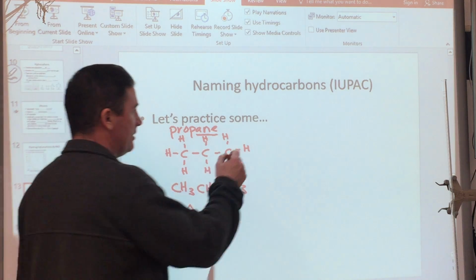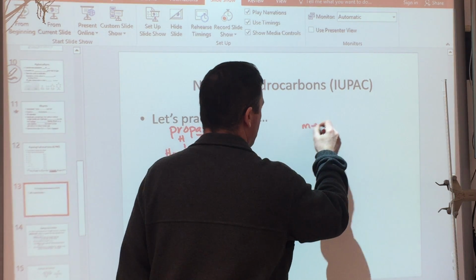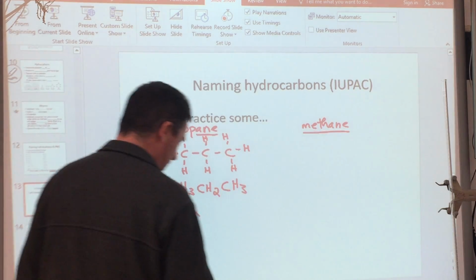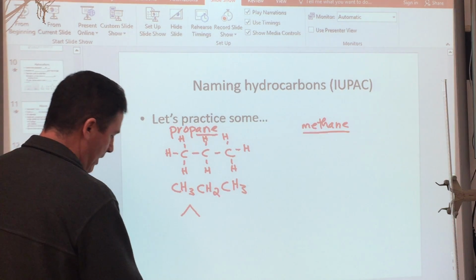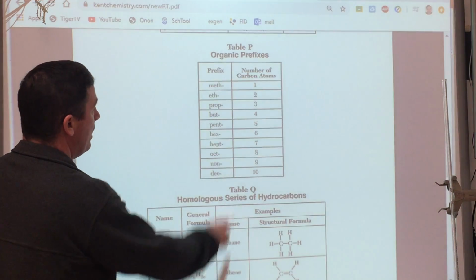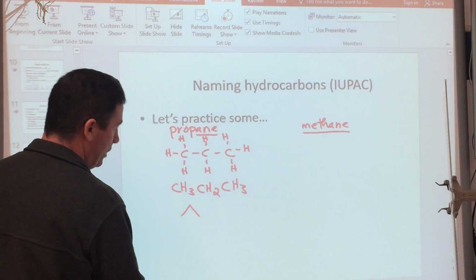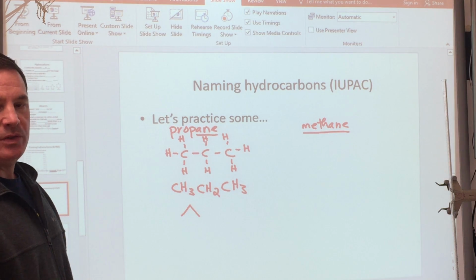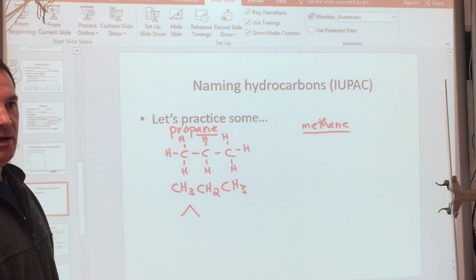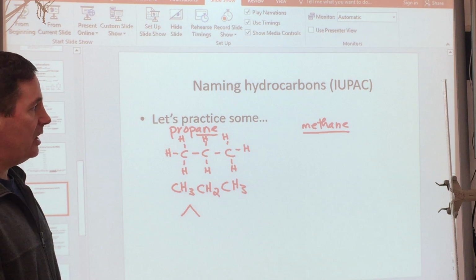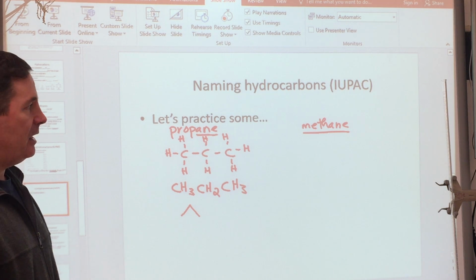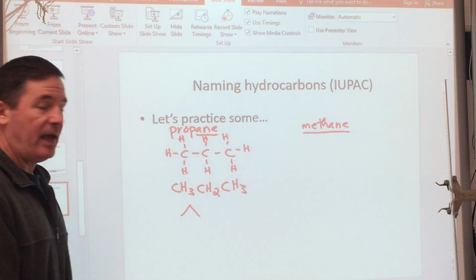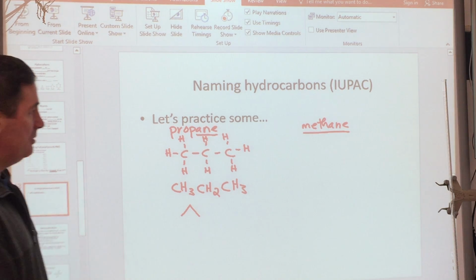Let's do methane. Methane. Let's see what meth is, because I don't have these memorized yet. Meth is 1. It's only 1 carbon. Methane, as you know, is a product of mammals and birds. Chickens produce a lot of methane, and it is a flammable gas. You produce it as well.